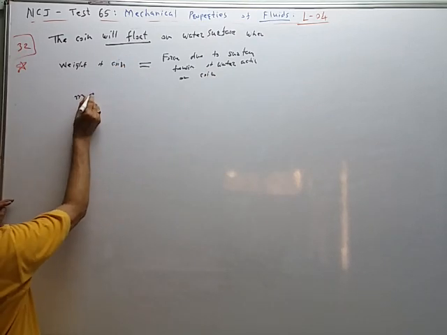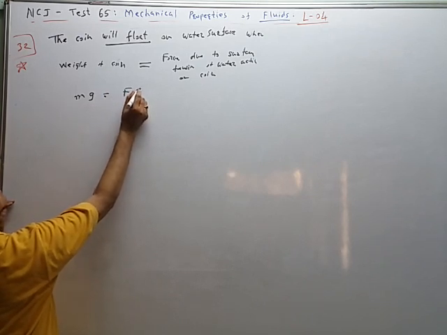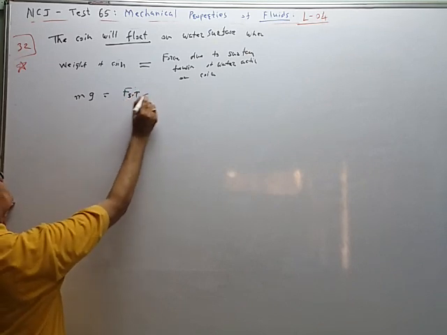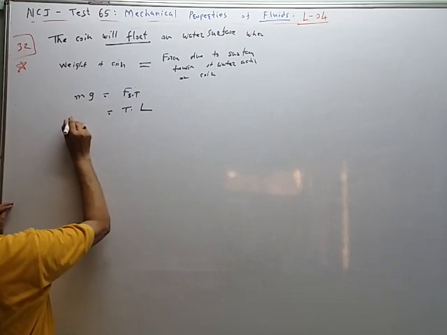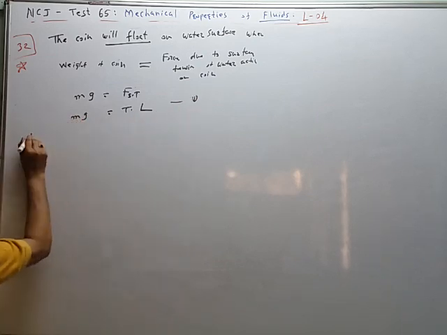So m into g is equal to F due to the surface tension. So this is equal to T multiplied by capital L. This is equation 1.